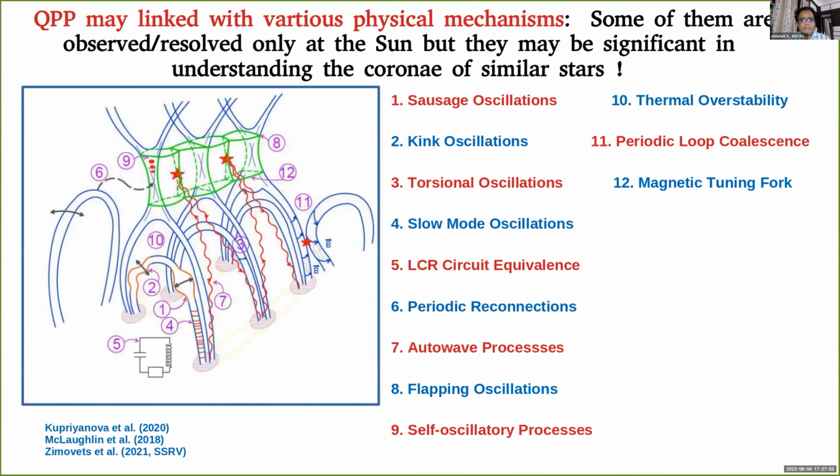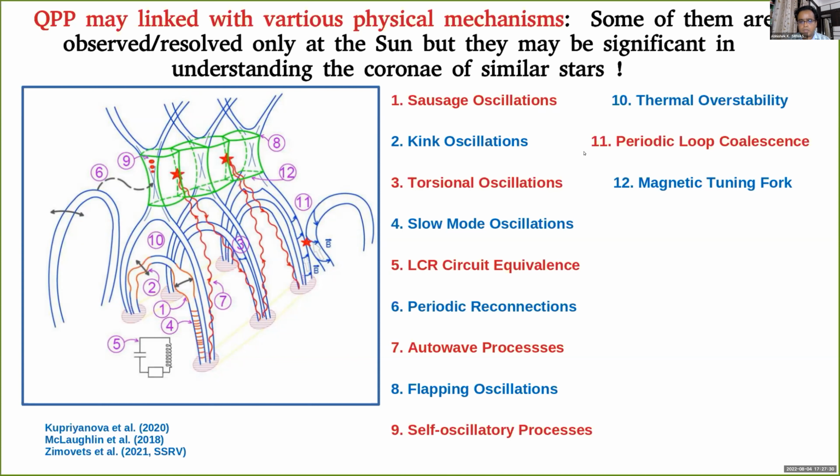So my punchline is that, of course, MHD waves and oscillations could be one of the possible physical mechanisms behind the observed QPPs in stellar flares or solar flares, but there are many other processes that could be leading to QPPs, and some are listed here and well described in the recent review article by Ivan in Space Science Reviews.